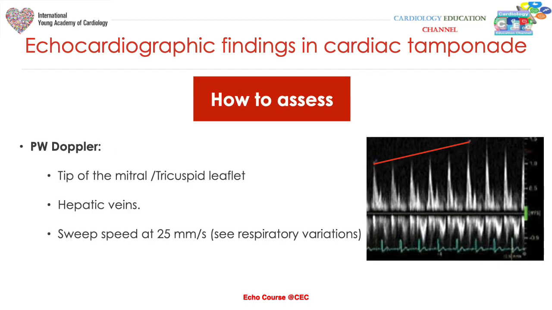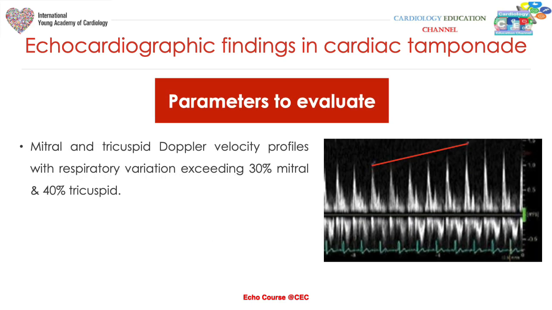If you're going to use the pulsed wave Doppler, you want to record at the tip of the mitral and the tricuspid valve, and you could record it at the hepatic vein, and you adjust your sweep speed at 25 millimeters per second to see the respiratory variation, and preferably if you have a respirometer over this curve, it will give you a more accurate assessment of the hemodynamics. So what is the parameter here to evaluate?